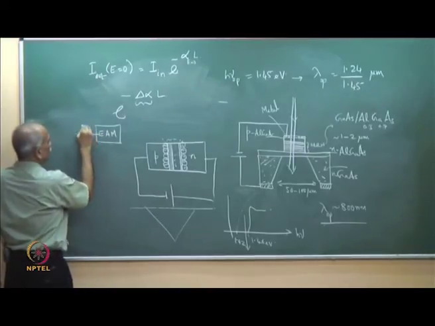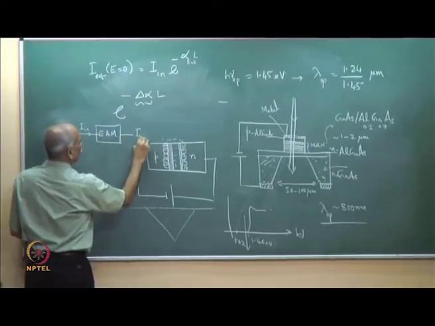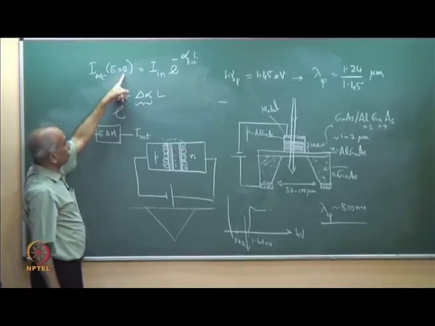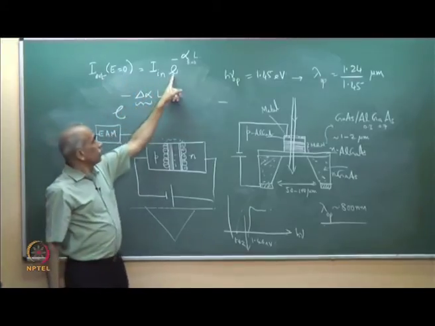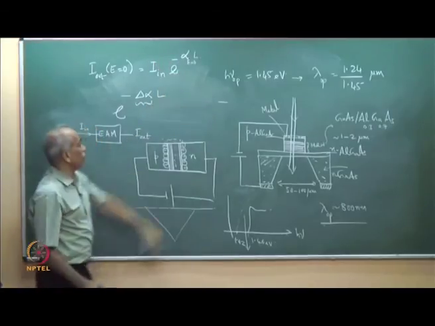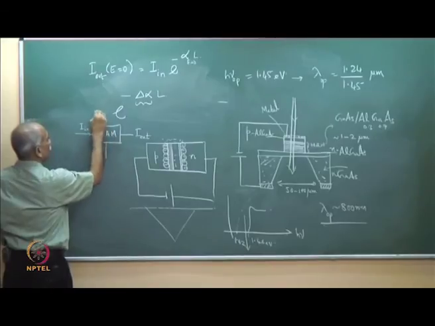There is an input which is I in, there is an output I out. I out with E equal to 0 is I in into e to the power of minus alpha L, where alpha is the attenuation coefficient without any electric field. You are applying an electric field from here. Let us say this is the E field.